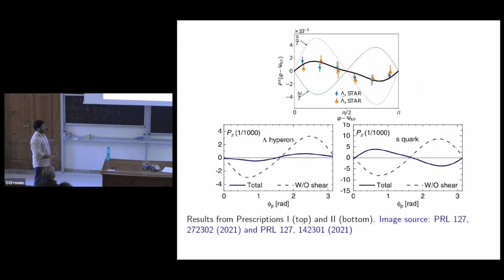The right one is when the mass is the constituent quark mass, and we get a positive sign. But the magnitude is obviously much larger than what is observed in the experiments. Yeah, it's true. So they propose that the actual physical scenario is somewhere in between these two.